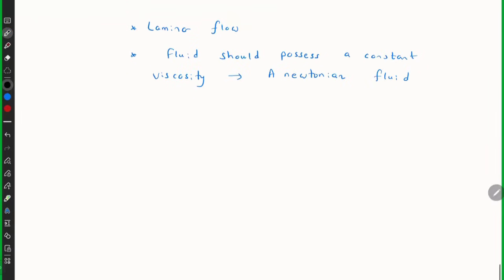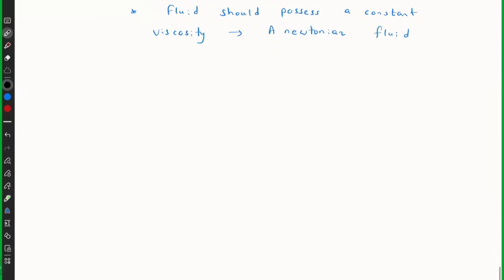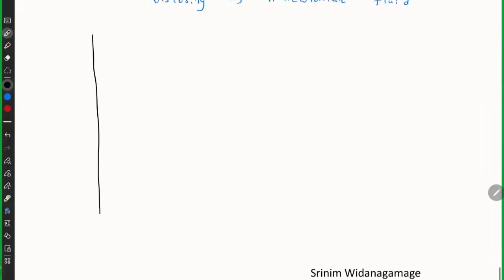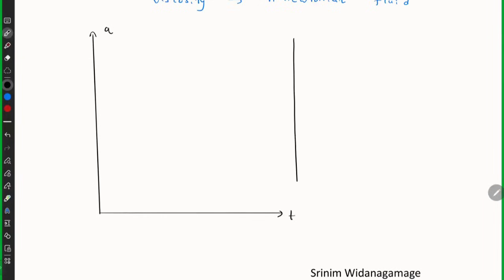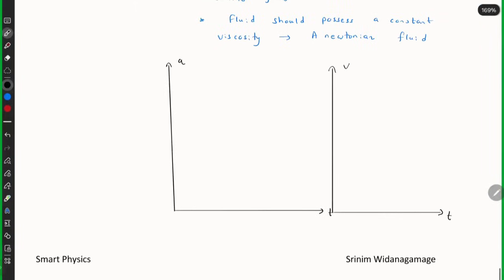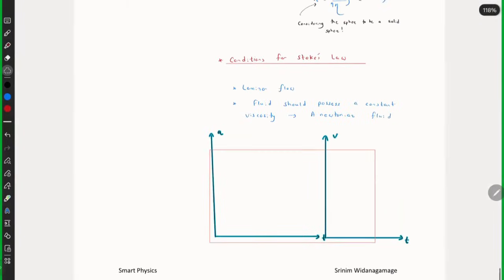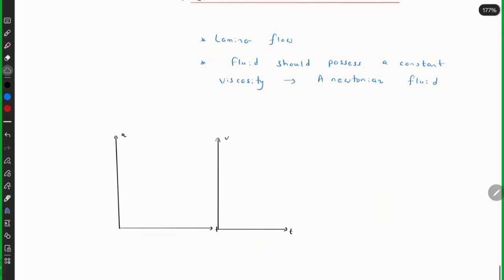I want you all to plot the variation of the acceleration of the sphere with time, the velocity of the sphere with time, and I want you all to plot the displacement with time, right?